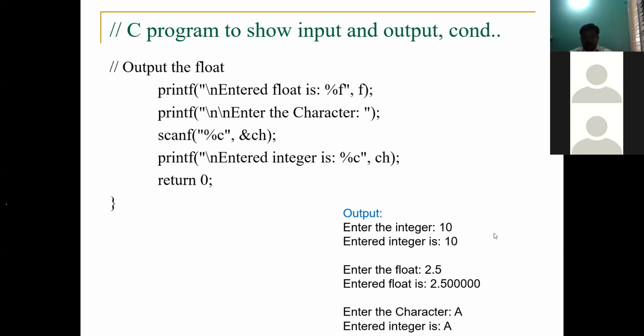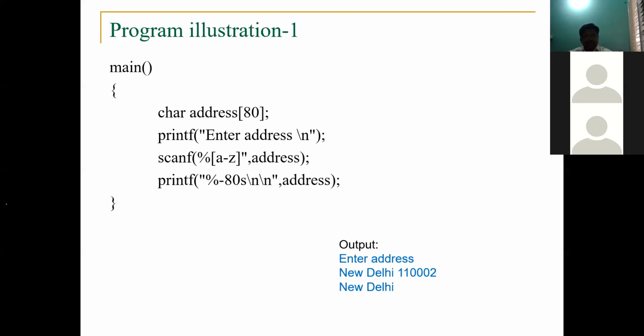This is the output of this program. 10 is given as an integer, 2.5 as a float, a as a character. You should observe that the floating point value, even though you give it as 2.5, after the decimal point it displays 6 digits. That is the standard.